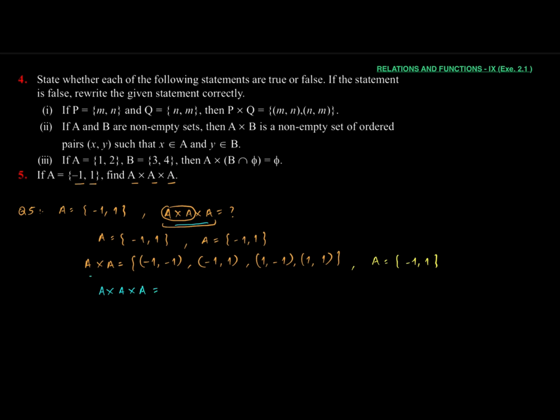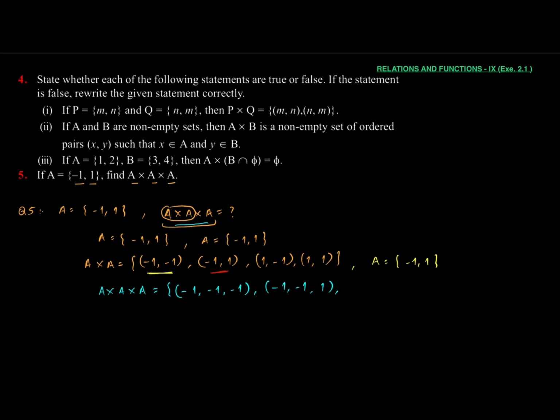So here we'll be taking each element of A cross A and forming an ordered triplet with each element of set A. So now let us form ordered triplets of this very element with each element of set A. So the first ordered triplet will be having elements as -1, -1 and -1, which means this very part and this part. Second element will be -1, -1 and +1. That is this very element and this very element.